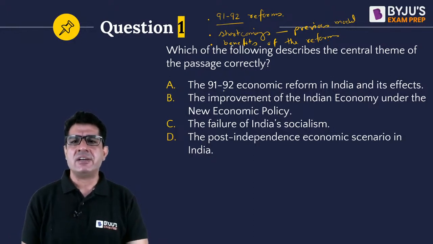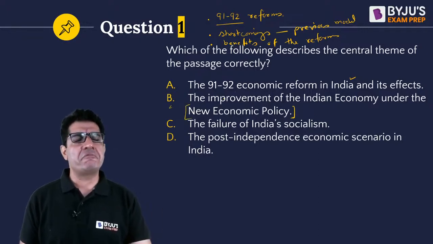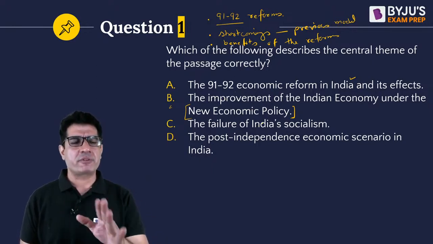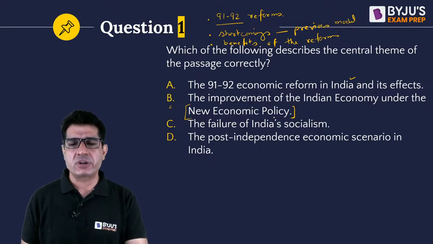So let's look at A, the 91-92 economic reform in India and its effects. Okay, could be. B, the improvement of the Indian economy under the new economic policy. Now A and B are very similar. The only difference is, so those economic reforms of 91-92 are also referred to as new economic policy.